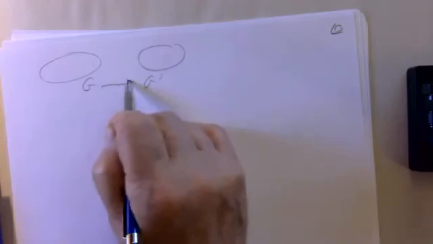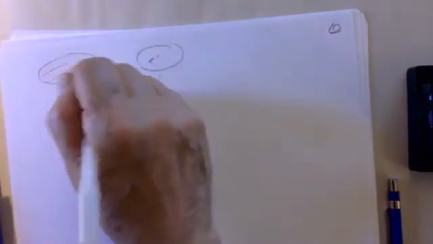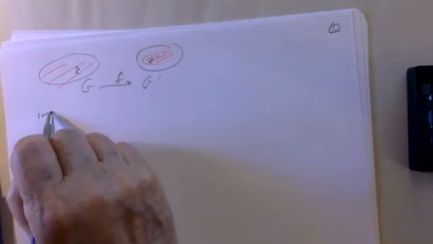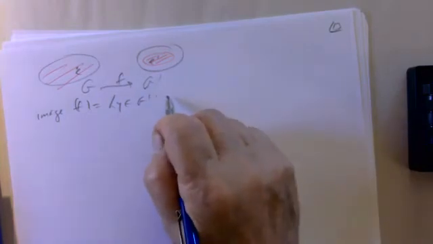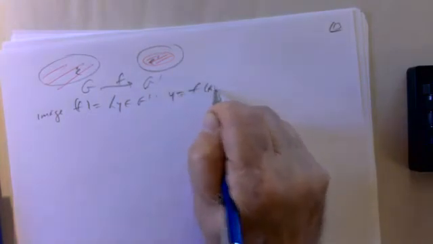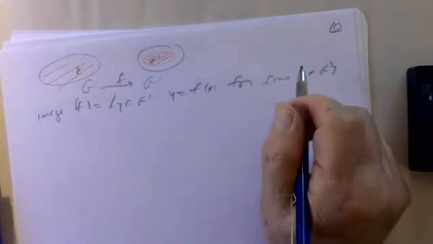Again, we have G prime, this function f, E goes to E prime, but if you look at everything that G gets mapped to, we have the image of f. This is all y in G prime such that y is equal to f of x for some x in G.